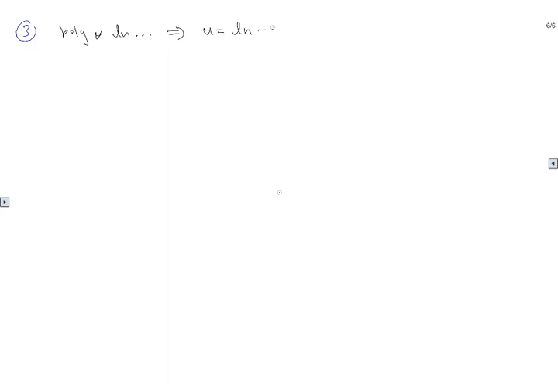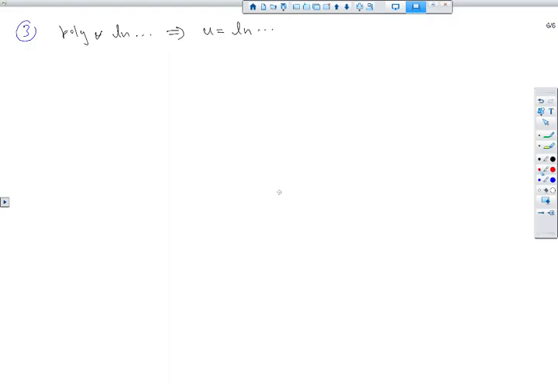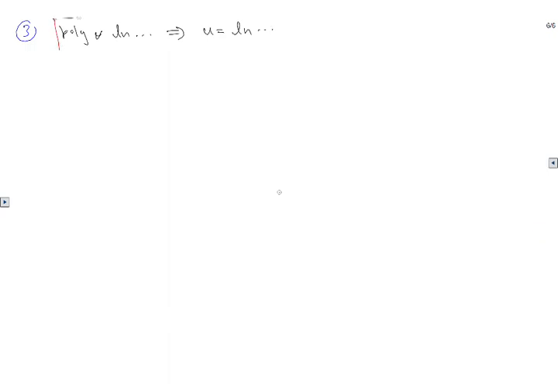The reason is that if you try to pick the polynomial as u, then you're going to get the log function in dv, which you have to integrate, and you're going to get stuck with that most of the time. So we are not going to use that. If you have an ln function, we're going to pick the ln function as u.